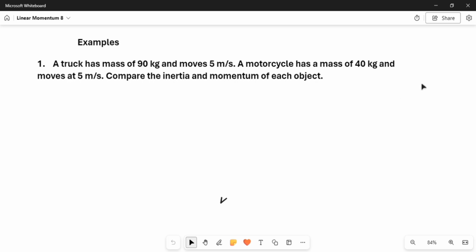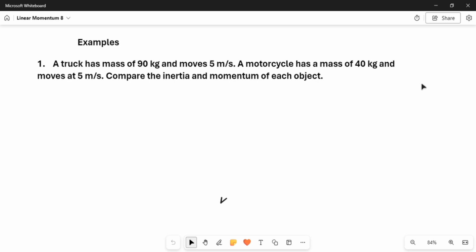In this first example, we have that a truck has mass 90 kg and moves at 5 meters per second. Then we have a motorcycle having a mass of 40 kg moving at 5 meters per second.